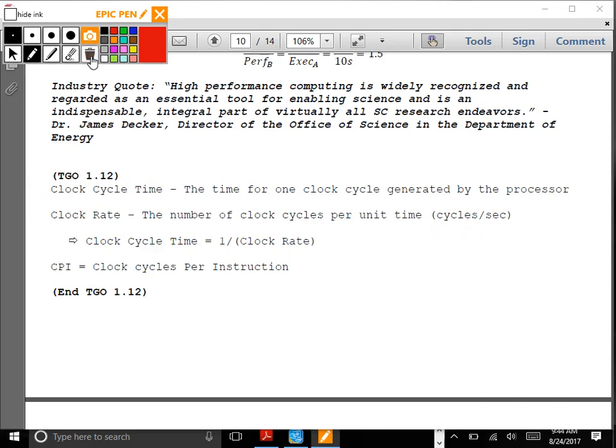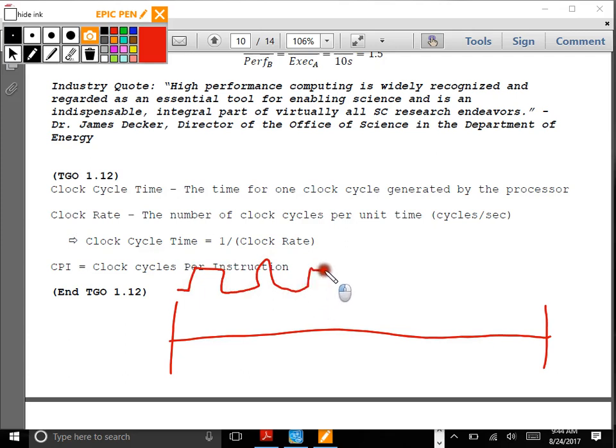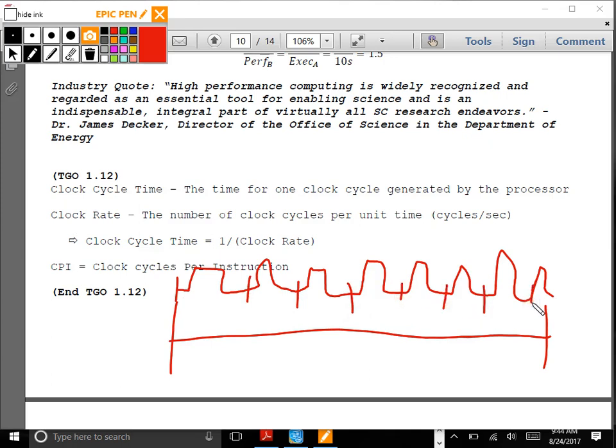The clock rate is the number of cycles per unit time. So if I have 10 nanoseconds here, and I'm counting the number of cycles: 1, 2, 3, 4, 5, 6, 7. So we say this is 10 nanoseconds, then what this becomes is the number of cycles per unit time.